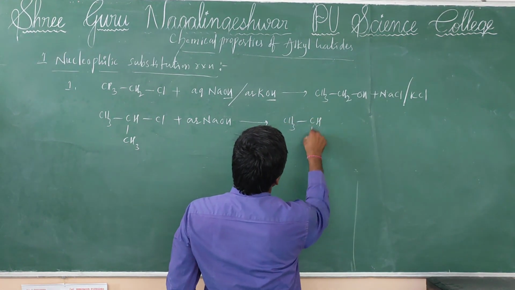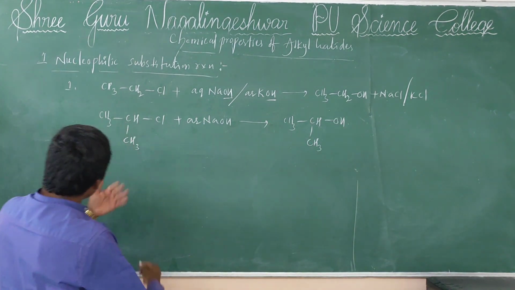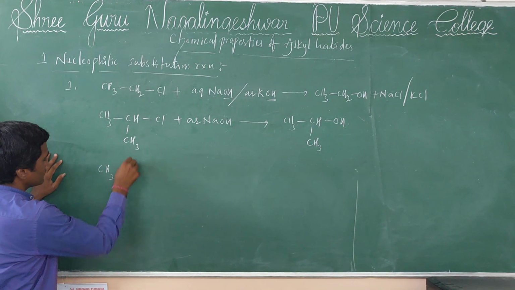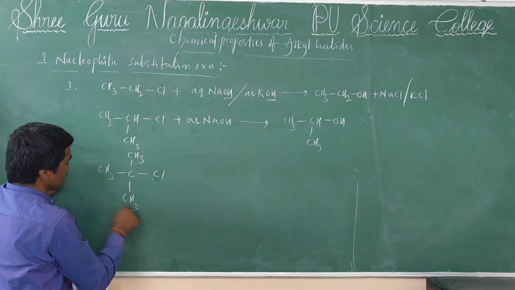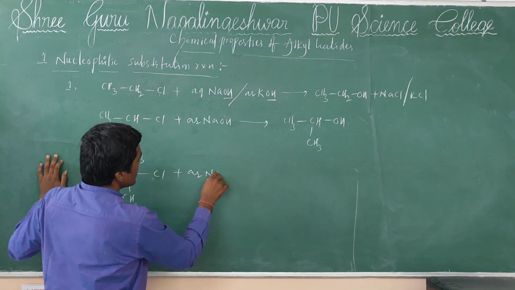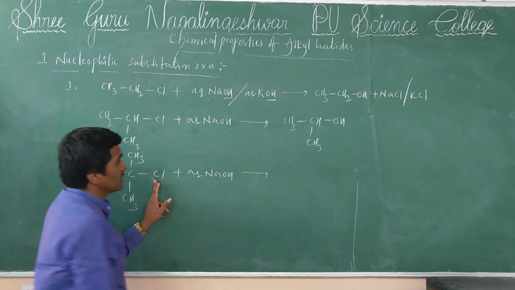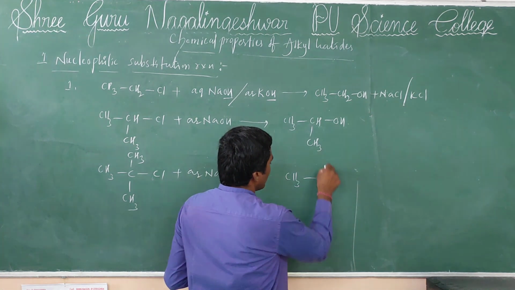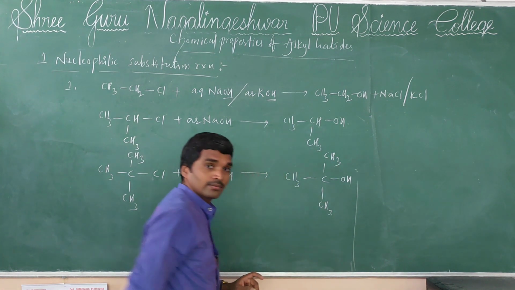Then the answer is CH3CH(OH)CH3. I am taking tertiary also. Tertiary butyl chloride plus aqueous NaOH. So same, OH replaces the chlorine. Then tertiary butyl alcohol will be formed.